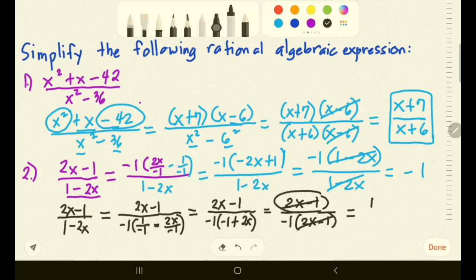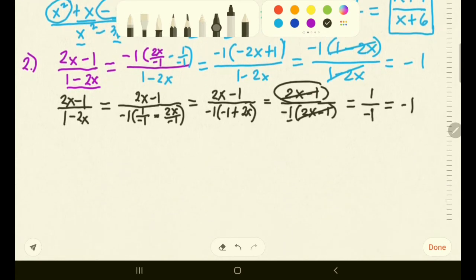Why? Since 2x minus 1 divided by 2x minus 1 is 1, over this negative 1. 1 divided by negative 1 is negative 1. So, as you can see, class, you have the same answer. Okay, now let's try another example.